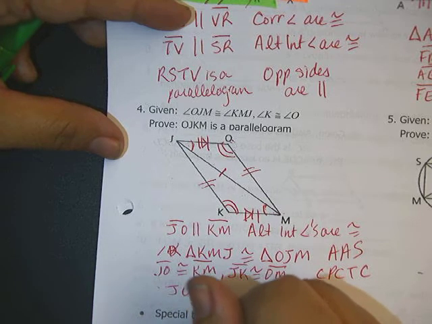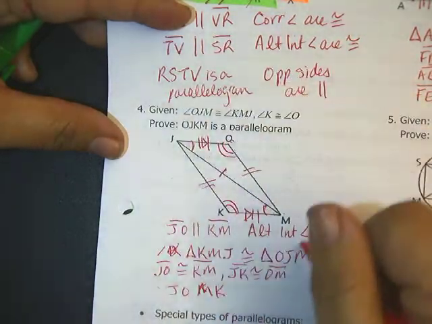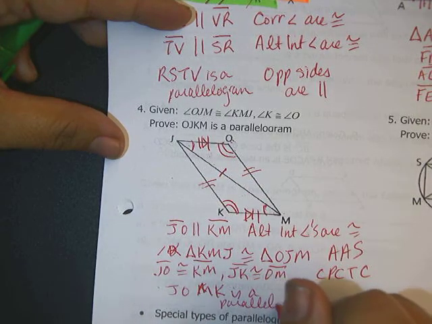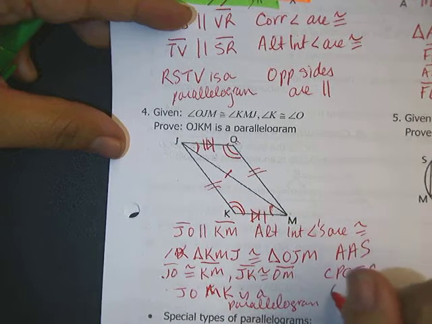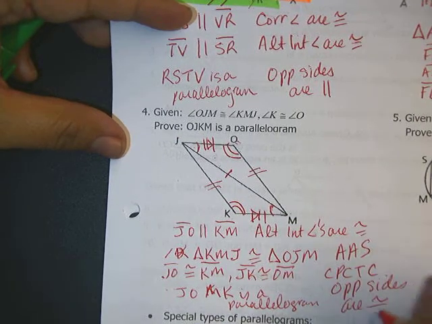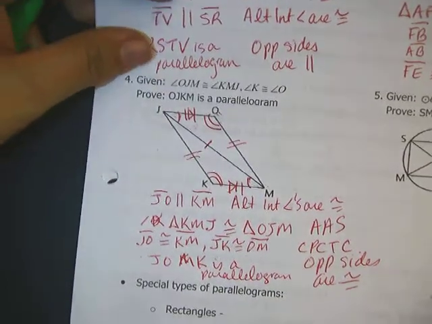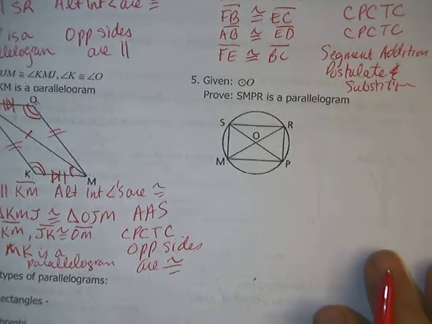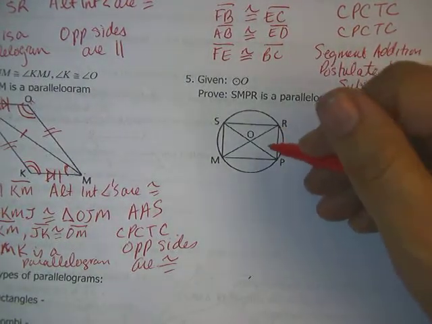Corresponding parts of congruent triangles are congruent. Then, since those opposite sides are congruent, I can say OJKM, I should go in order, is a parallelogram. And that is because opposite sides are congruent.